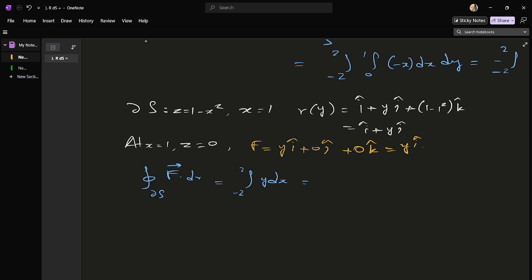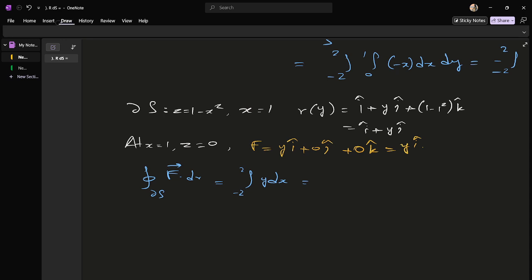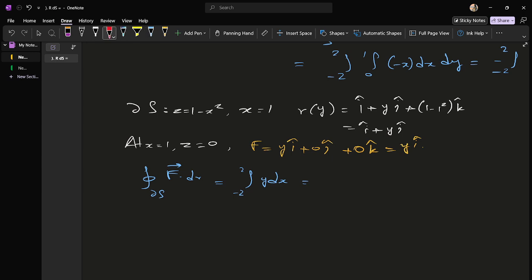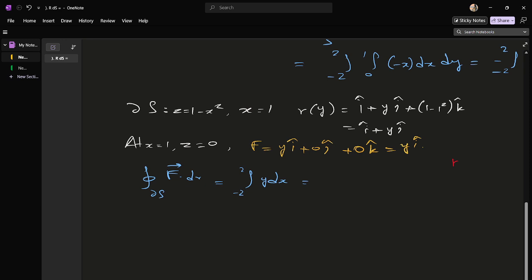So along the boundary curve del S, the position vector will be r(y) equal to i plus y j cap.